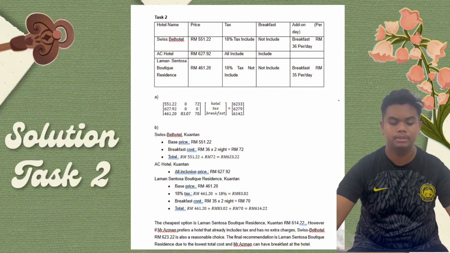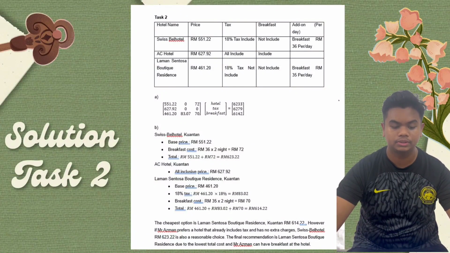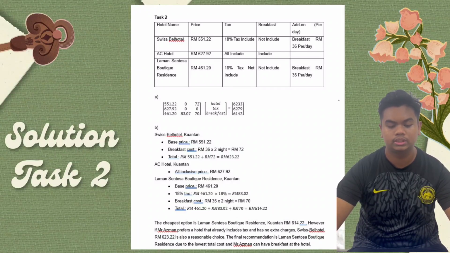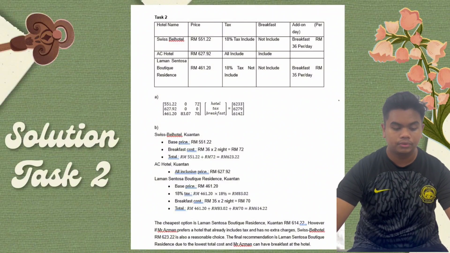Swiss Bell Hotel Kuantan is the first hotel I list down, and the base price is 551.22 ringgit, and the breakfast cost 13.6 times 2 nights equals 17.2 ringgit. The total is base price plus breakfast cost, which equals 623.22 ringgit.